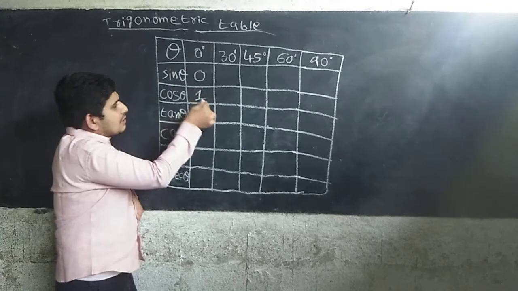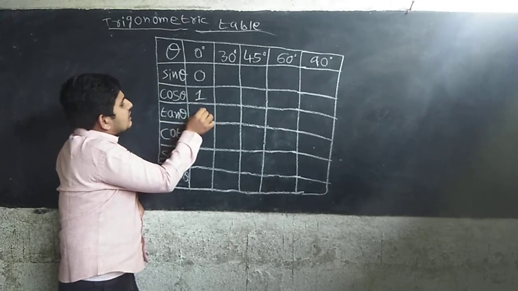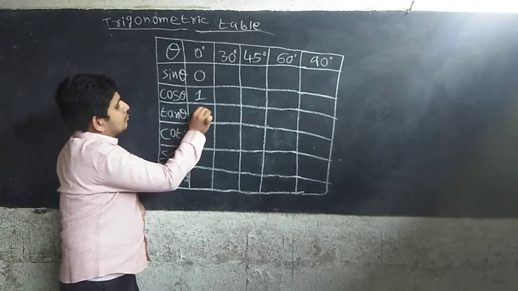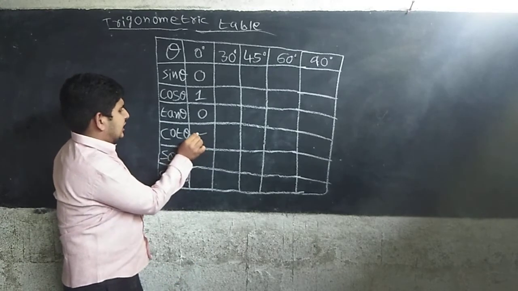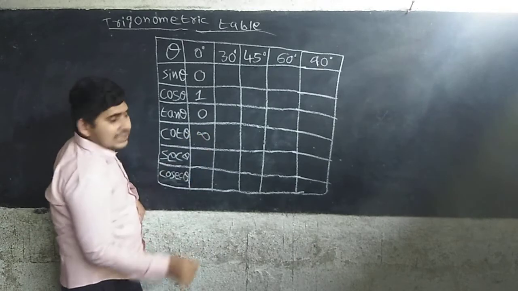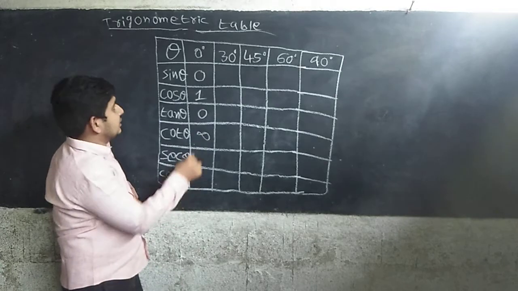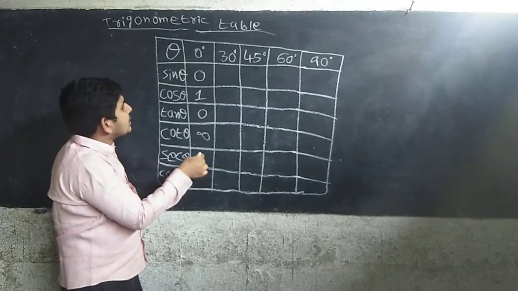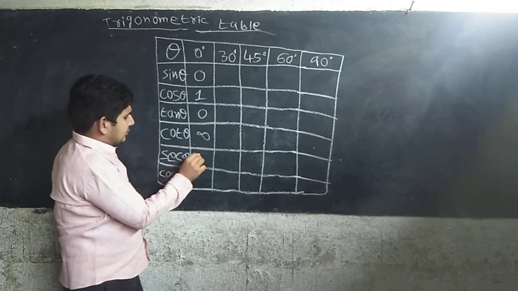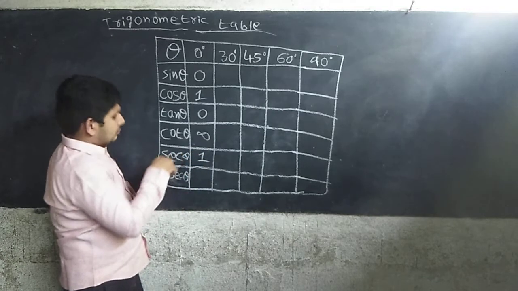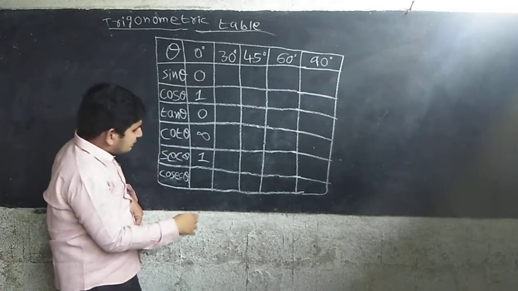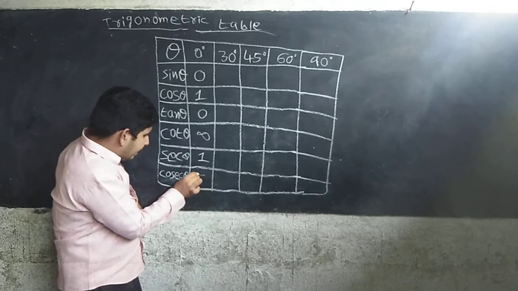Tan 0 equals 0. Cot 0 equals infinite. Sec 0 equals 1. Cosec 0 degree is equal to infinite.